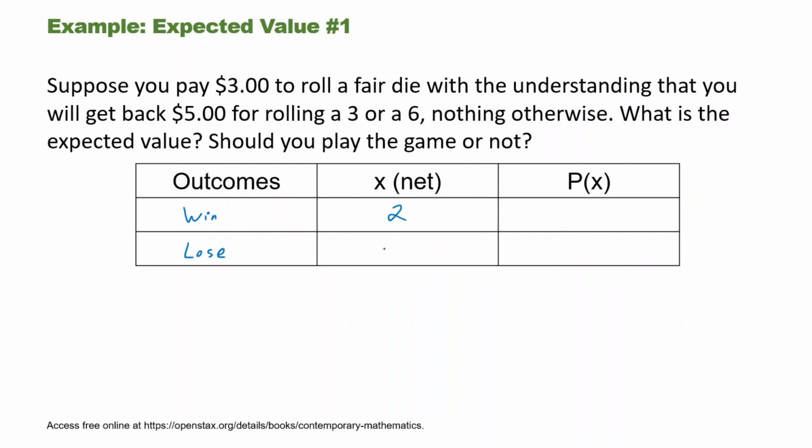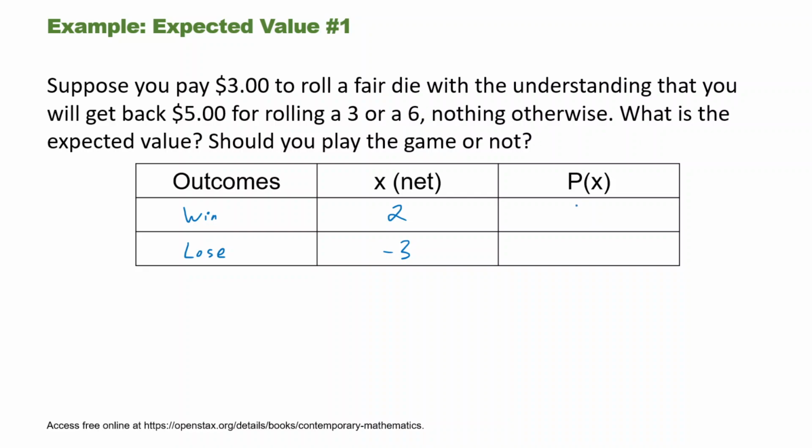The second outcome here is losing. Well, losing, you actually don't gain any money, so you have lost 3, so you get negative 3. So winning has a numerical value of positive $2 to you, and losing has a value of negative 3 to you. Next, we're going to think about our probability. The probability of winning here, in this game, there are 2 winning situations for you out of 6 because it's a fair die.